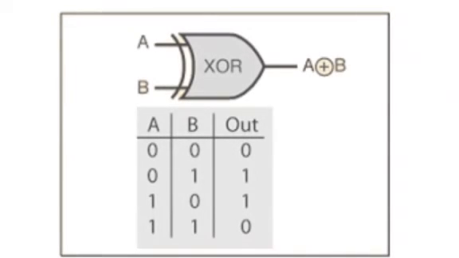In the next gate, called the exclusive OR gate, or also called the XOR gate. It is exclusive because it states that the output of an XOR gate will be low.